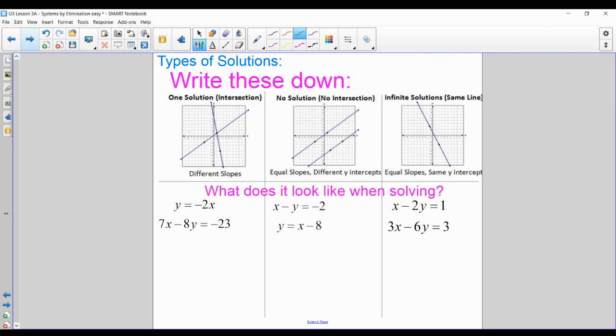So if you look at this, take a little time, you may want to pause it to write these down. If I have one solution, I'm going to have different slopes so that they can intersect. So if I look at this first one, the slope is -2. And if I were to solve the second equation for y, I would subtract 7x.